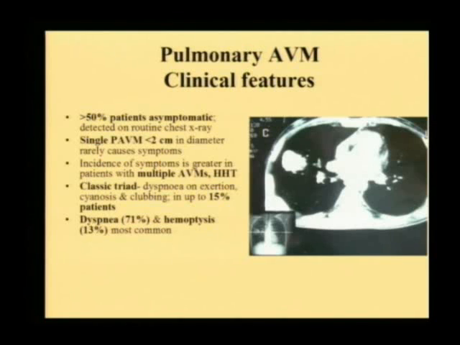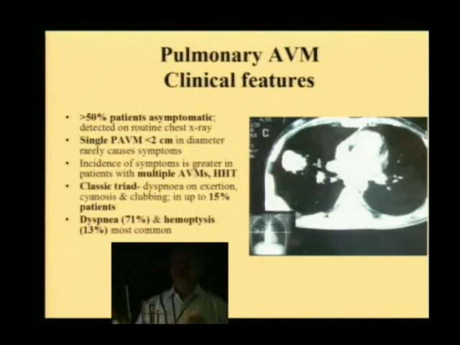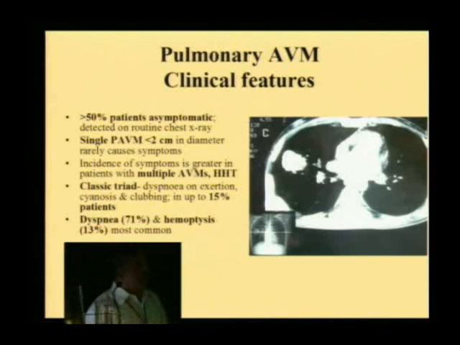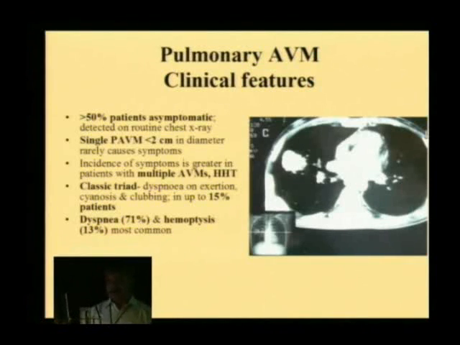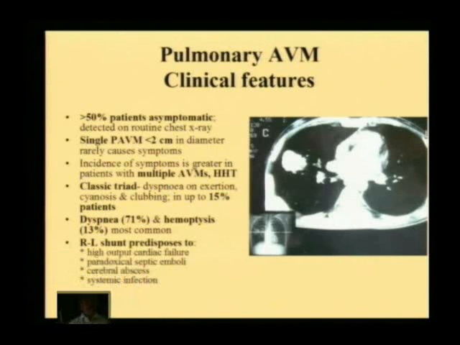The classical symptom complex is a patient who develops dyspnea on exertion, who turns blue on exertion, and who has clubbing. This classical triad is typically identified with pulmonary arteriovenous malformation, but is seen in only a small group of patients. Hemoptysis, in addition to dyspnea on exertion, remains the most common way these patients present to us for management.